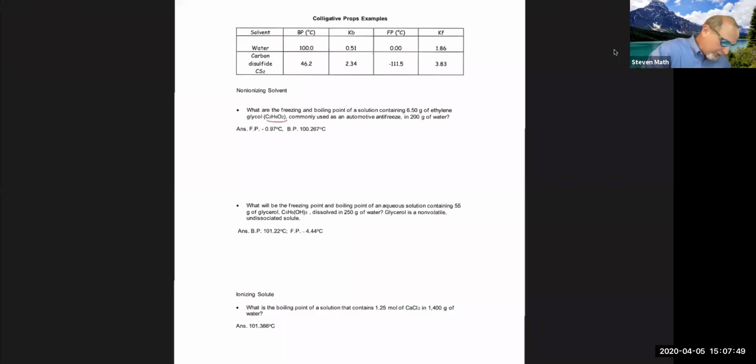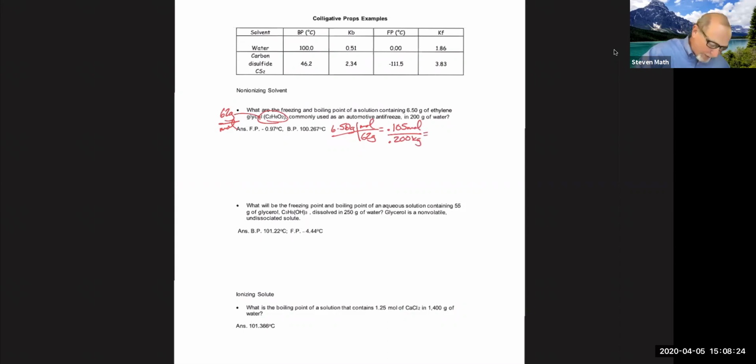C2H6O2, if I add up the molar mass of that, that's going to be 62 grams per mole. So if we've got 6.5 grams of that, at 62 grams per mole, I'm going to have 0.105 moles, and that's going to be in 0.200 kilograms of water.